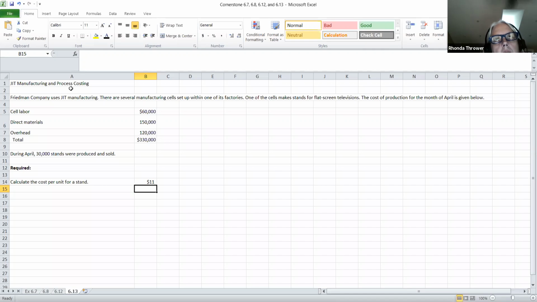We only get materials in when we start the production of our units for that period. There's no leftover ending inventory usually with just-in-time. But just-in-time businesses can use the process cost accounting system. That's what they're trying to drive home in these last two little exercises.